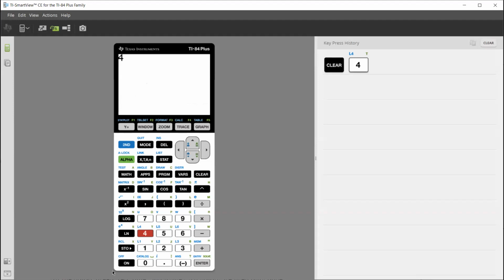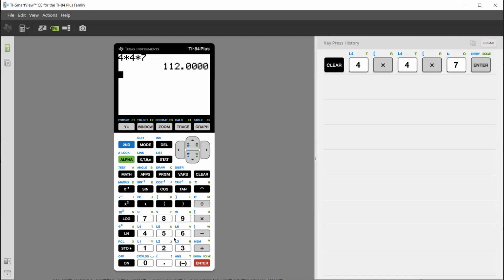I'm going to have to select the mouse on the screen, I think. Yeah, 4 times 4 times 7. And that gives us 112.